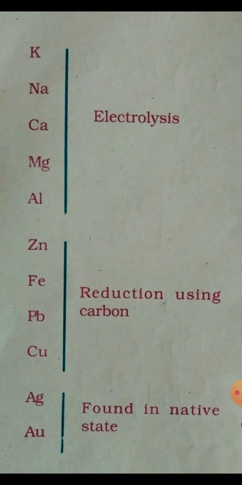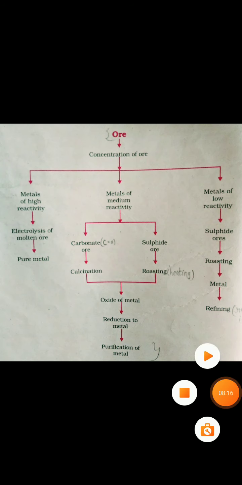Now there are different techniques to be used for obtaining the metals falling in each category. There are several steps involved in the extraction of pure metal from its ore.